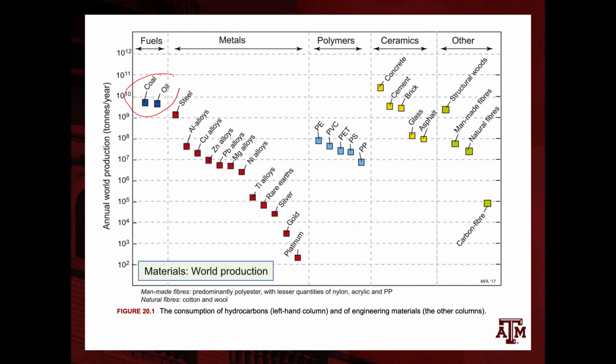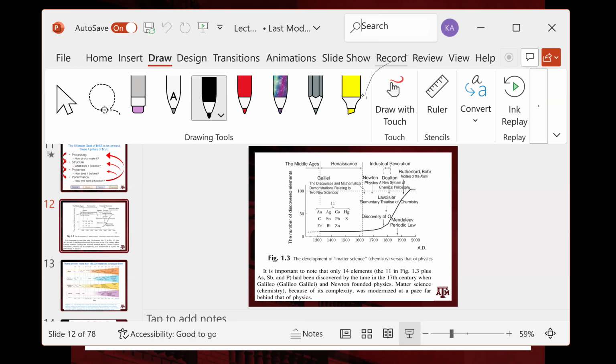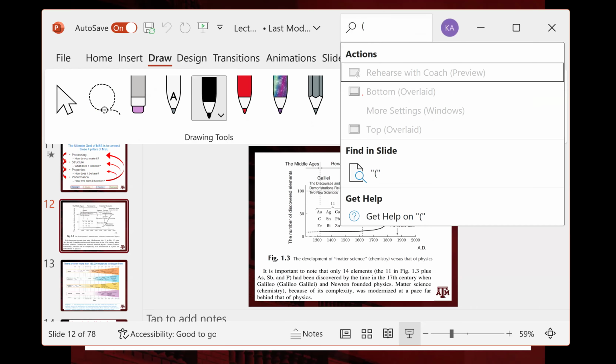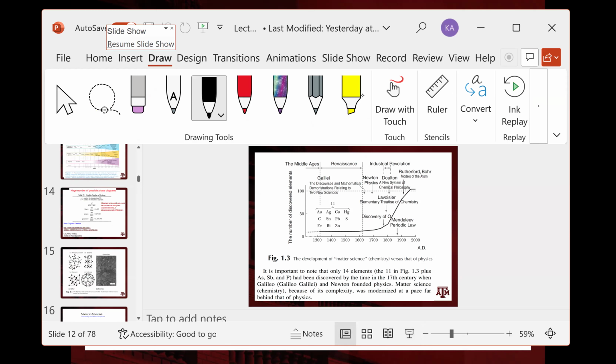Mainly the fuels, of course, are the highest. And then steels and concrete would also be very high. So about that.